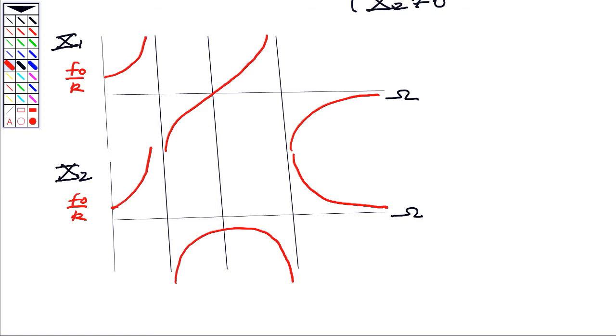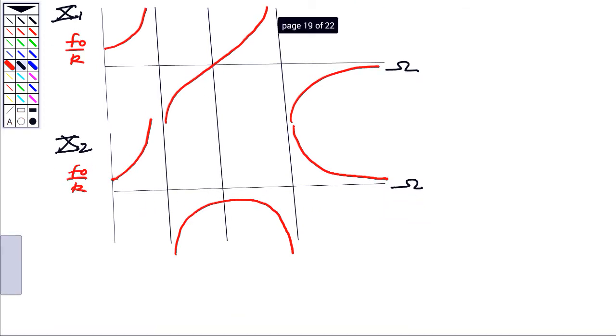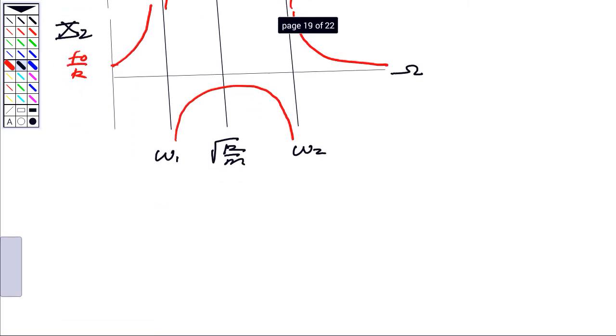So again, our important frequencies here are omega equal to omega 1 and omega 2, our 2 resonances. Square root of k over m is important because that's where x1 is a 0. What I'm going to do is put it in a more standard form by taking the absolute value of those.